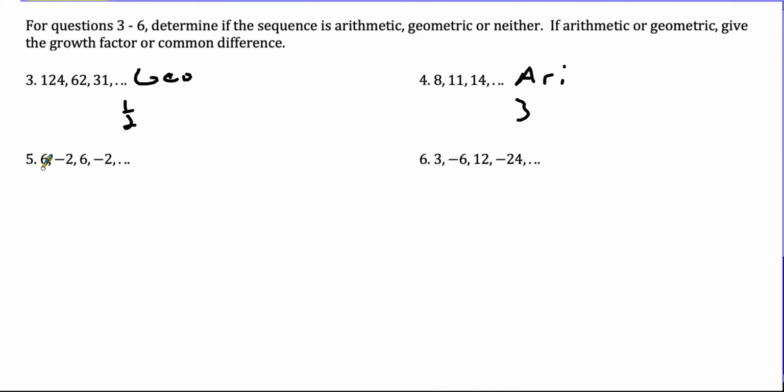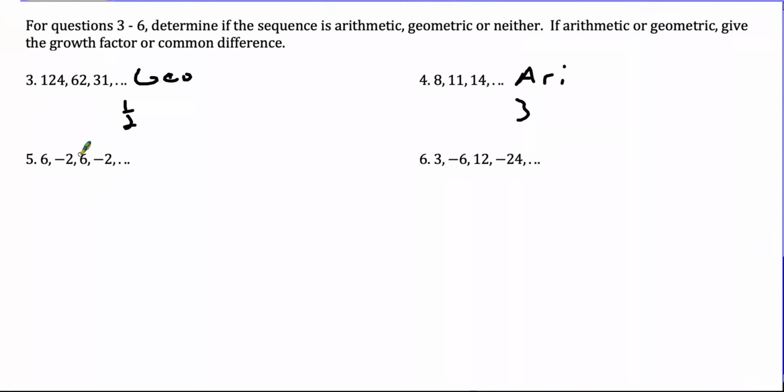On number 5, well, to go from 6 to -2, if I want to think about adding, I would be adding -8. If I want to think about multiplying, I would be multiplying by -1/3. Now, for it to be either arithmetic or geometric, I would have to be doing the same thing to get to the next number. So am I adding -8 to go from -2 to 6?